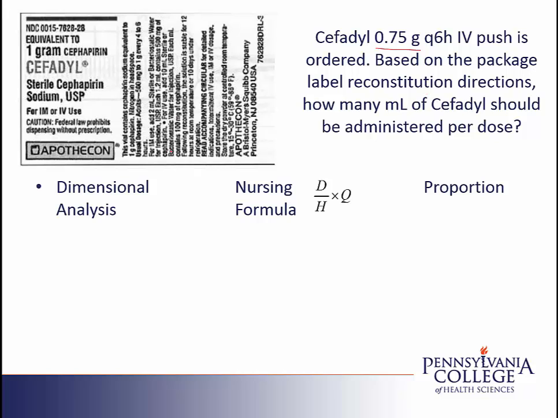The first part of the reconstitution directions says for IM use. But when I look at what's ordered, this is ordered as an IV push. So I continue further through the fine print, and I find for IV use. It tells me add 10 milliliters of sterile or bacteriostatic water for injection, USP.